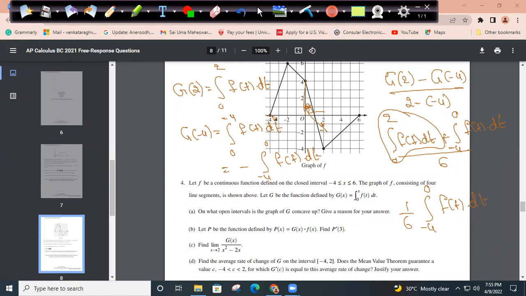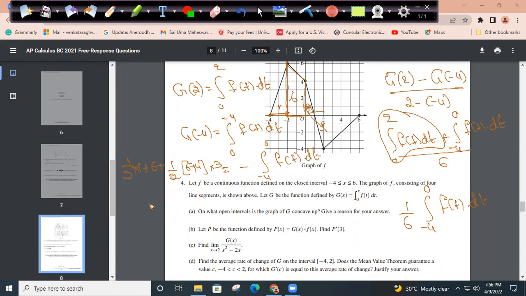So I can classify this into a triangle. I can also classify this into a trapezium, 2 parts. What is the area of this triangle? Half into base is 1, height is 6, half into 1 into 6, plus, what is this trapezium? Half into the sum of the parallel sides, which is 6 plus 4, and the height is 0 to -3, so 3.